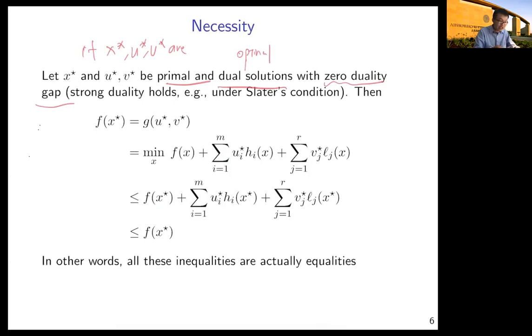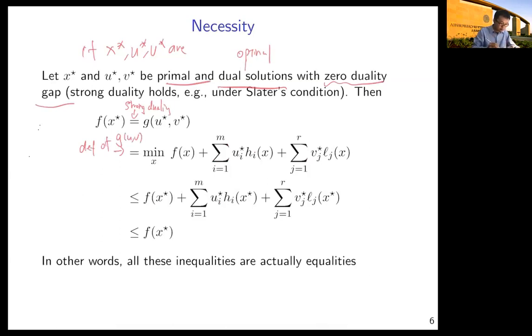Okay, then it follows that this system of equations, first of all, follows from strong duality. Okay, and then by the definition of g, which is a pointwise minimum of these affine functions, we can just write it out, and that gives this by definition of g(u, v).